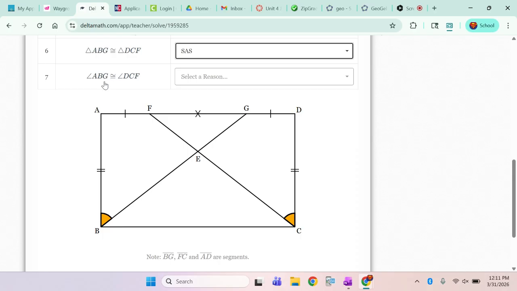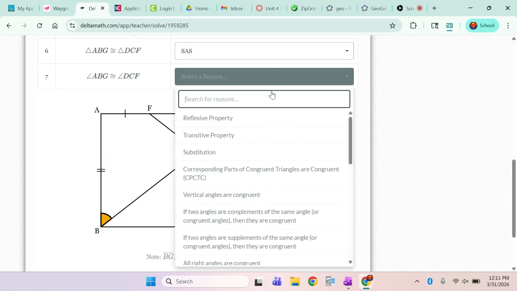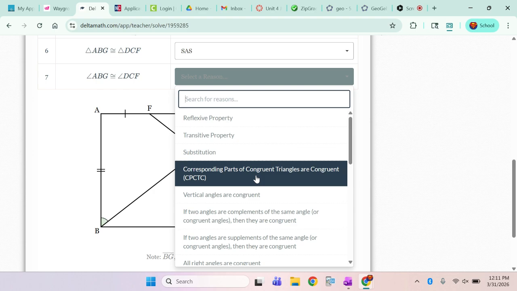So what kind of reason tells us that they can be congruent to each other if they're in congruent triangles? It's an acronym. CPCTC. So corresponding parts of congruent triangles are congruent. Basically, if you prove triangles are congruent, you can say any part of them are also congruent as long as they're corresponding.